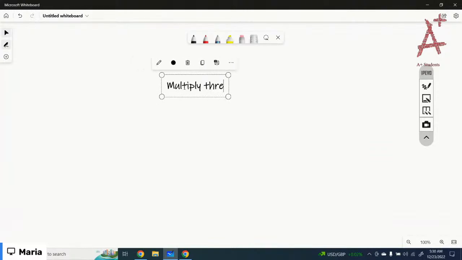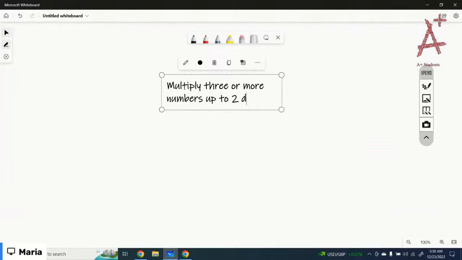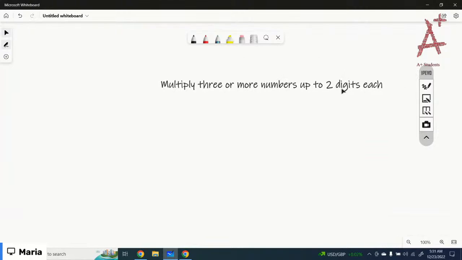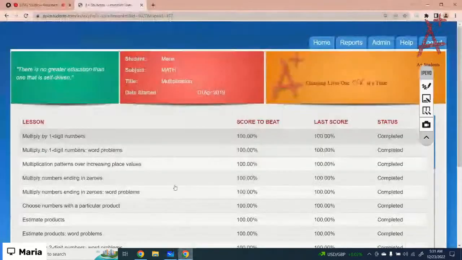Multiply three or more numbers up to 2 digits each. Okay, let's start.